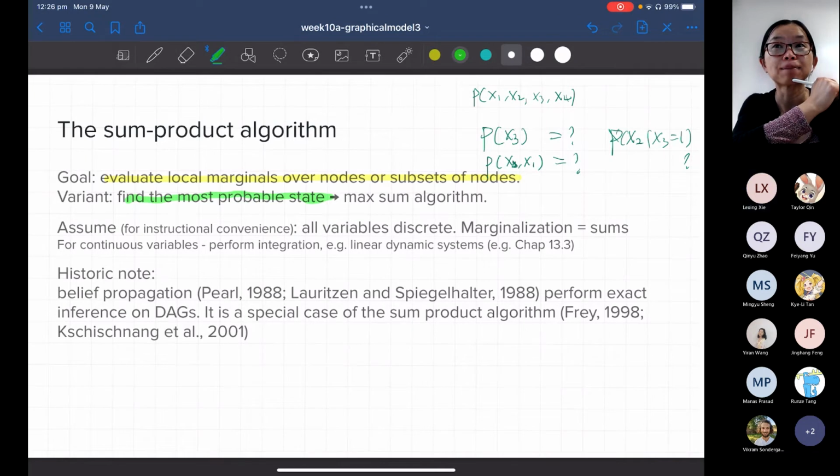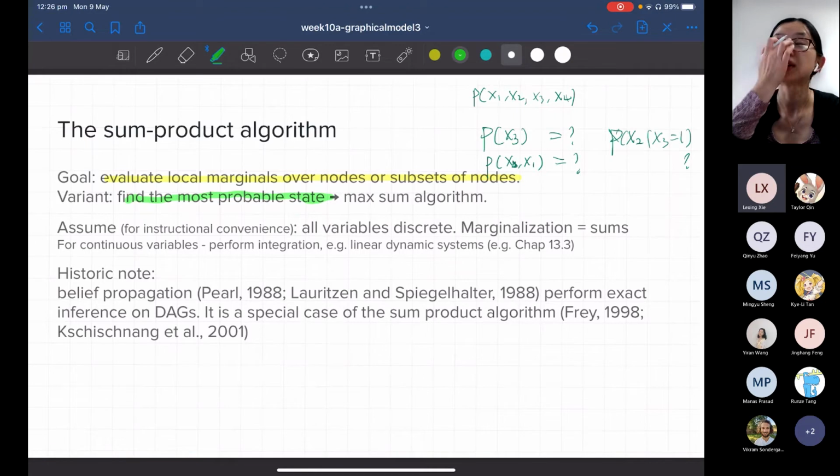And the recognition part is actually done by finding the most probable state. Given that the machine has heard this waveform, or given the set of possible phonemes, what are the most probable words being said, and what are the most probable sentences being said? That's done by this max sum algorithm.